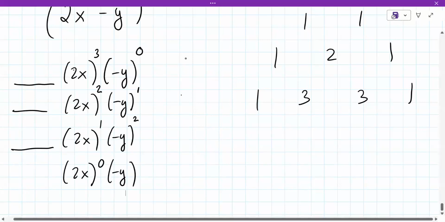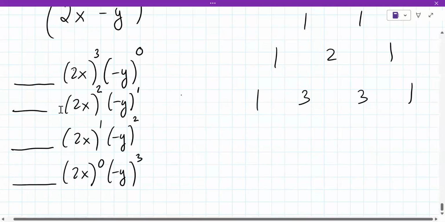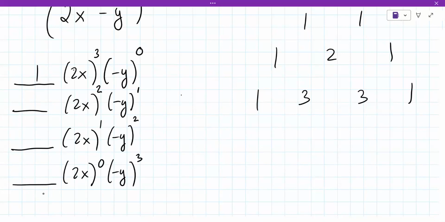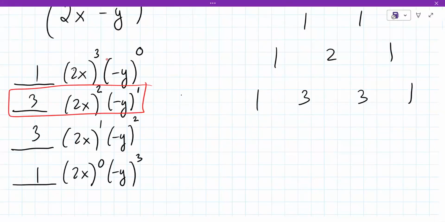That's here, 3. And then the coefficients come from here. There's 4 that matches up here. 1, 3, 3, 1. All right, so why don't you calculate this one here, please.